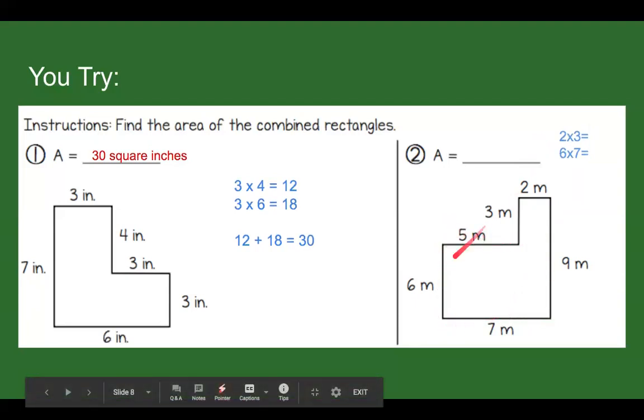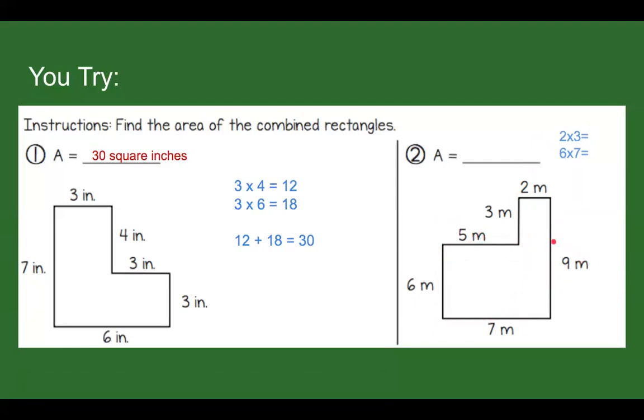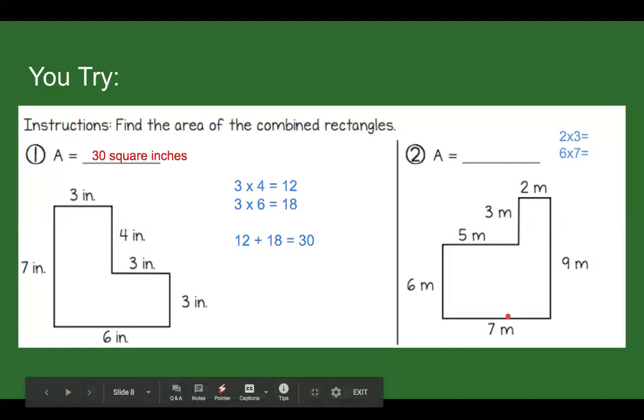Again, I don't need to worry about the 5. I don't need the 9. If I were to cut it this way, I would have needed them, but I don't because I'm cutting it this way. So go ahead and solve 2 times 3, 6 times 7, and then add those two answers together. You can pause the video if you need to.